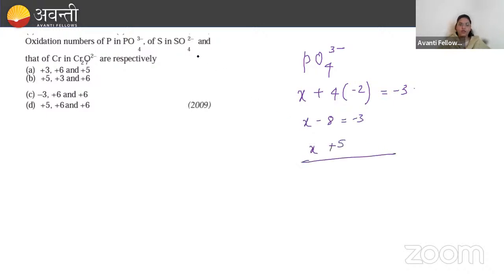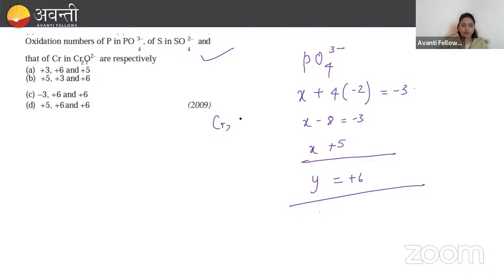Similarly, you can do for SO4 2-. इसका oxidation number X consider करो या फिर Y consider करो, you will get Y is equal to +6. For next compound, that is Cr2O7 2-, you will get oxidation number of it as +6. Okay, I will calculate.